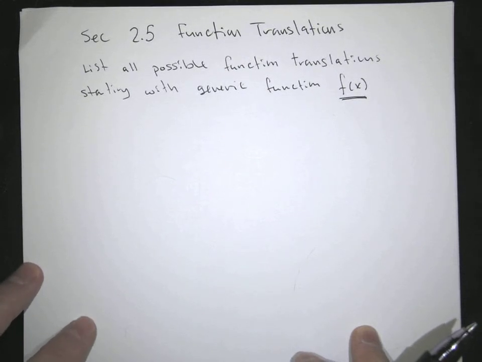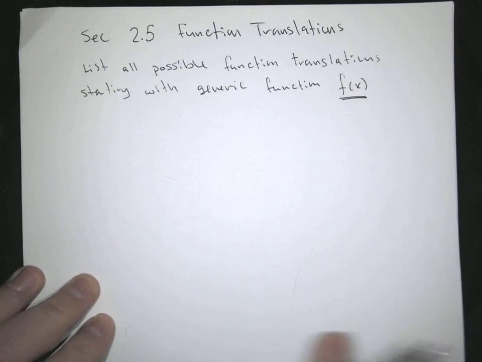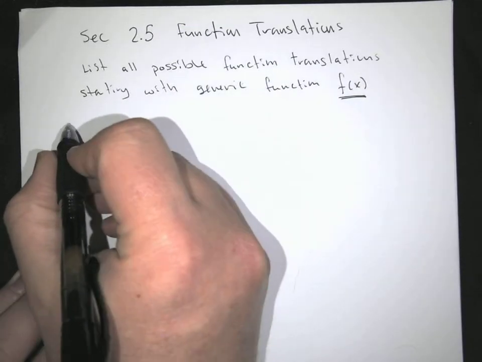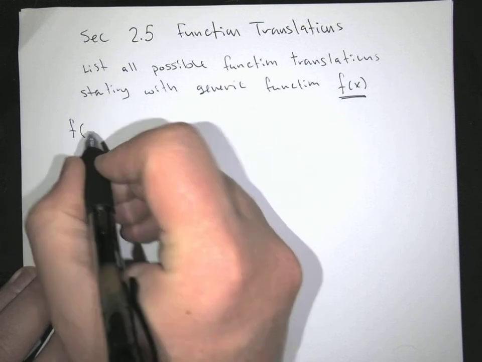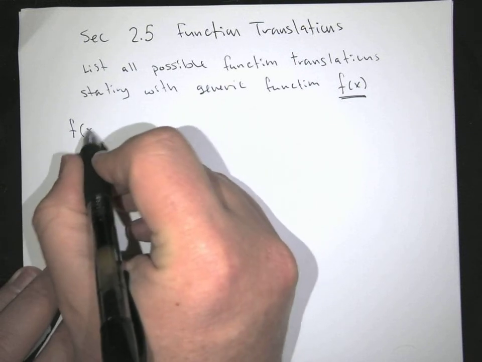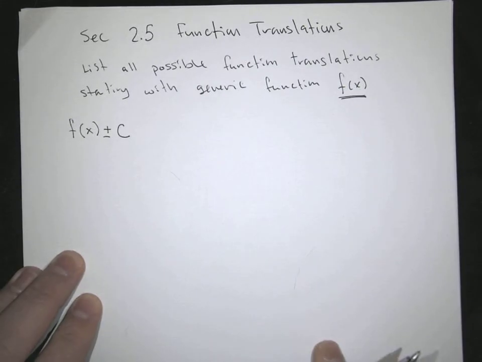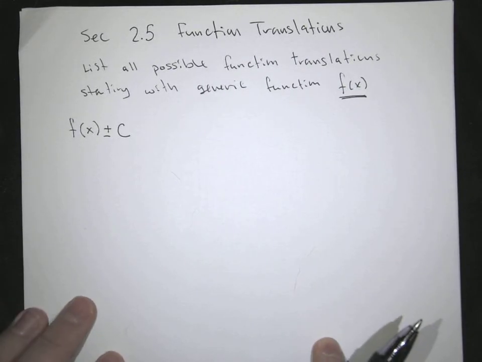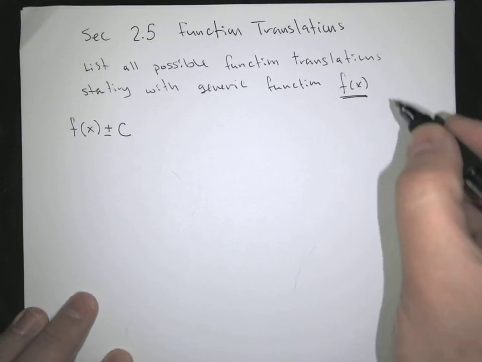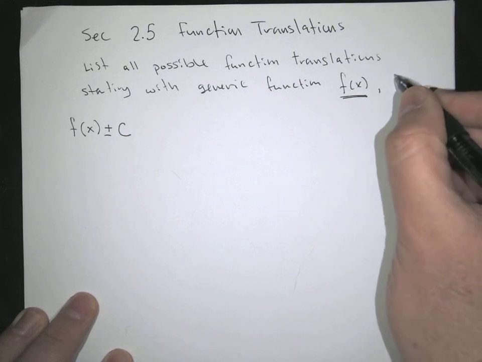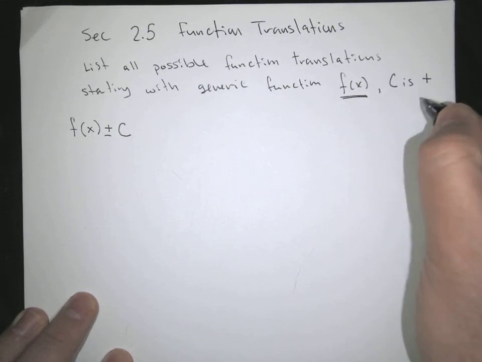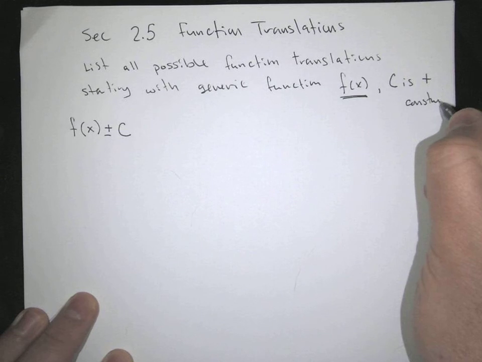That's our standard go-to function. And what we're going to do is look at all the different possibilities to shift this left, right, up, down, and many more. So first and foremost, let's do f of x plus or minus some constant value c. What I should say before we start is c is a positive constant.